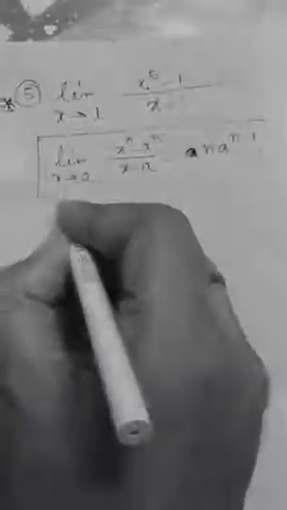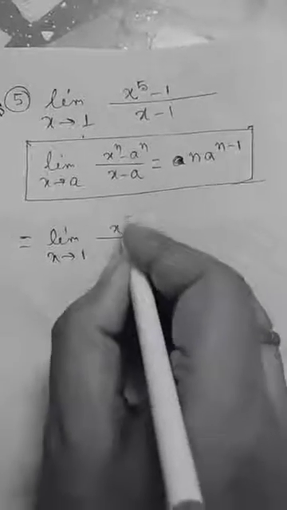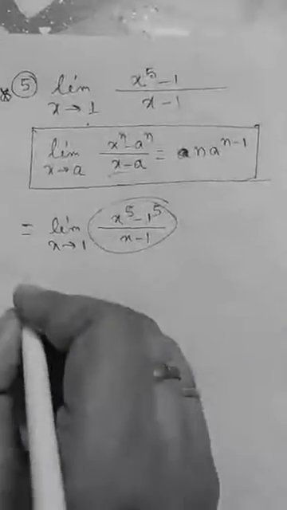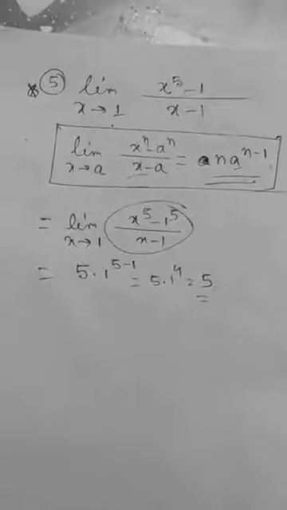So we apply this formula. We can write x to the power 5 minus 1 to the power 5 by x minus 1, and this is the type of that. Here n is equal to 5 and a is equal to 1, so 5 into 1 whole to the power 5 minus 1, is equal to 5 into 1 to the power 4 is equal to 5. So answer will be 5.